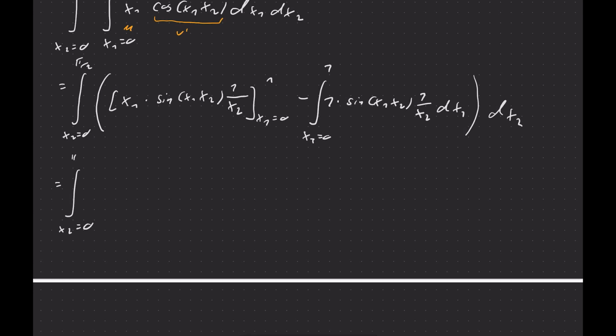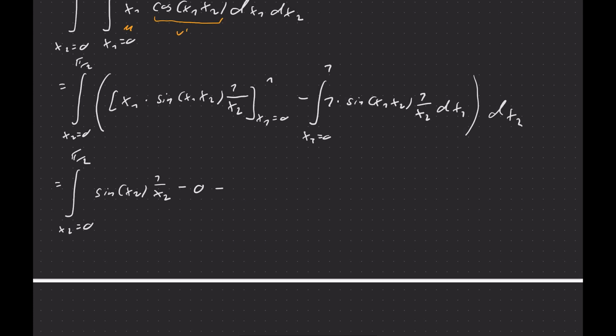Okay, let's see. So this outer integral here, that just stays here. Let's evaluate the inner integral. So what do we have here? For x1 equals 1, we get the sine of x2 times 1 over x2 minus, and for x1 equals 0, we just get 0. Then minus.